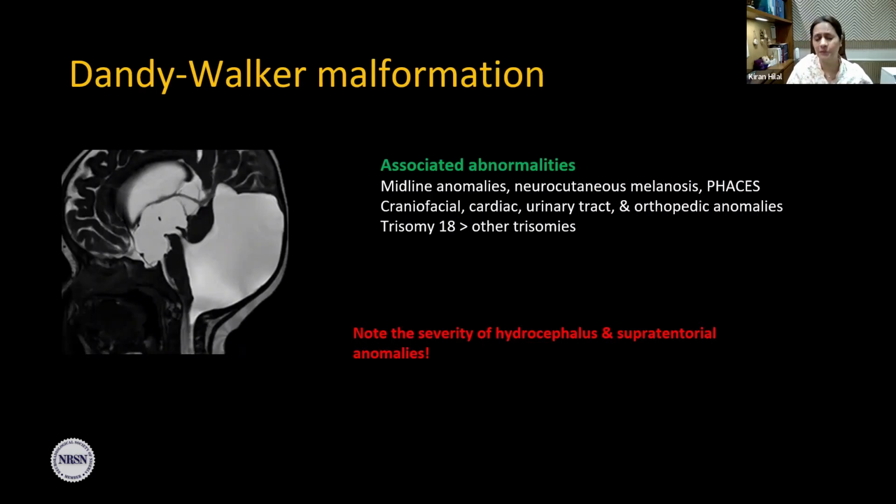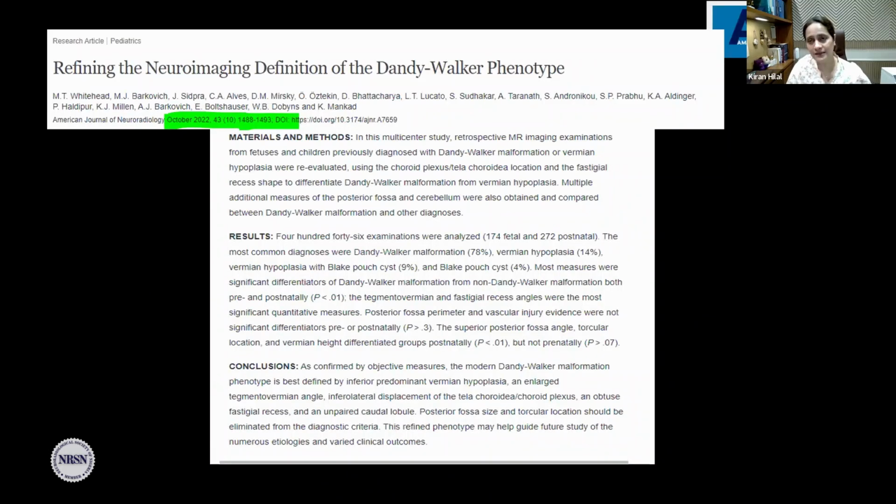Even trisomy 18 and multiple trisomies are associated with it. So it is very important to look for other abnormalities besides the cyst, supratentorial and infratentorial. It is also very important to know the severity of the hydrocephalus in addition to the other associated supra or infratentorial abnormalities, because that predicts the neurodevelopmental outcome in these children.